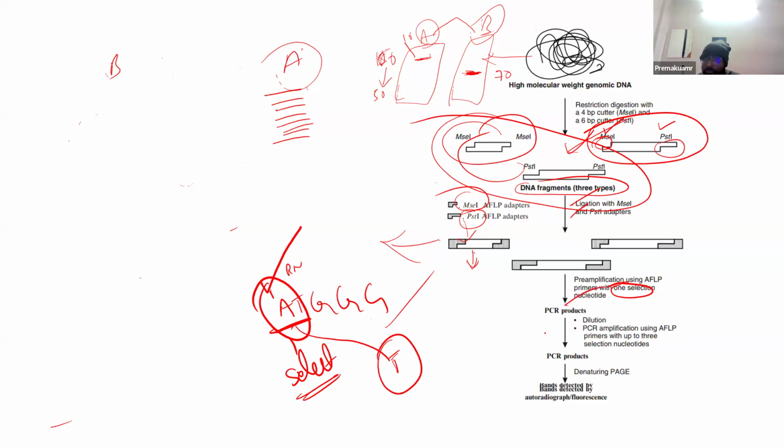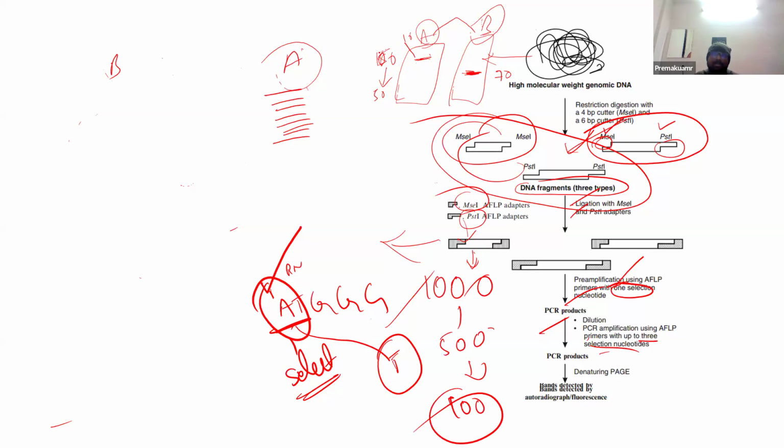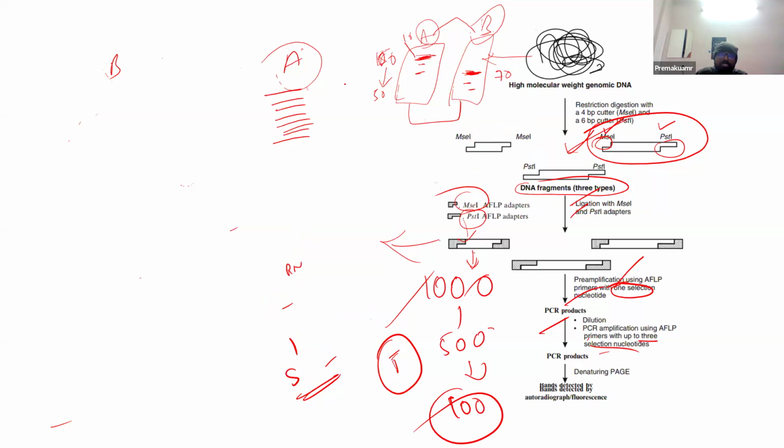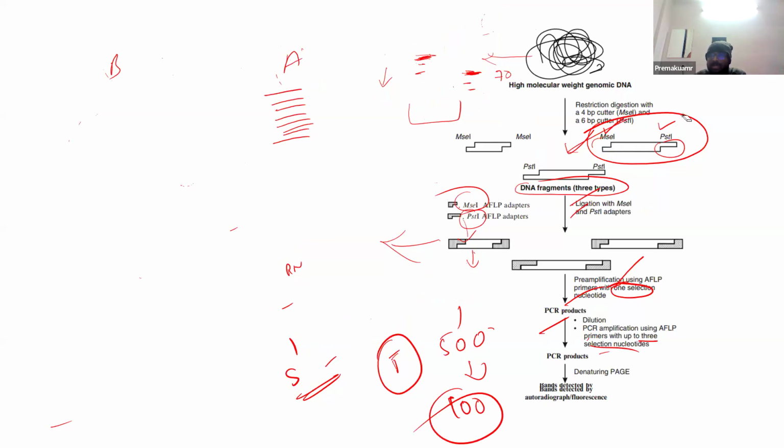Then after that again you have to go for PCR with 3 selection nucleotides. Means if you use one selection nucleotide, for 1000 fragments, you will reduce 500 fragments. If you use 3 selection nucleotides, you are reducing to only 100 fragments. Like this, we are reducing the representation and we can have only fewer fragments so that we will interpret the results well. Means first you have to treat with 2 different restriction enzymes. Then you have to select the fragments which have both ends of the different restriction enzymes.